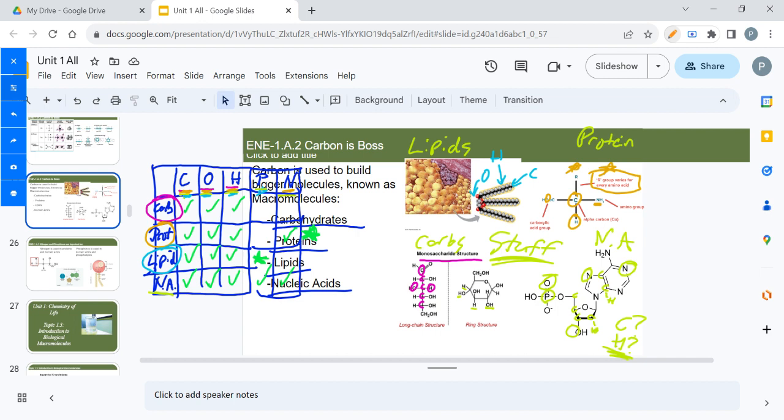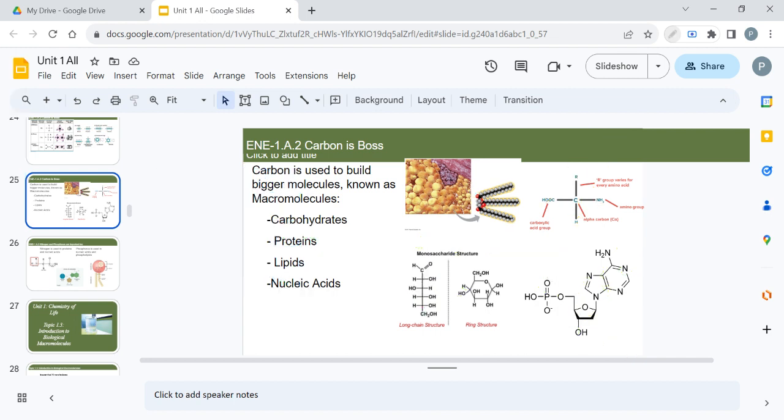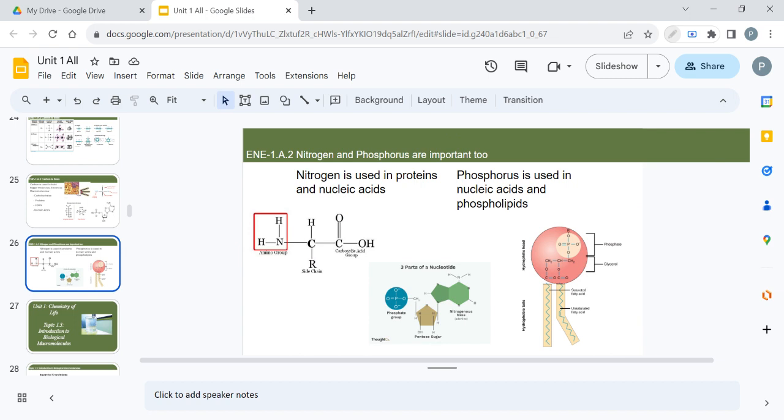Your last picture, I'm going to show you. This is going to get us to the end of the video. This is going to show you the phosphorus when it's used in certain places. So here's your phosphorus. Again, we said the phosphorus is located within your nucleic acids. It's also sometimes in lipids. This guy right here is called a phospholipid. I mentioned the phospholipid when we were talking about water and the hydrophobic interactions.